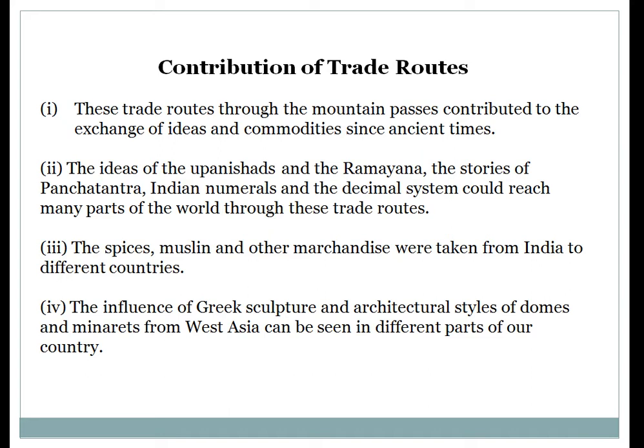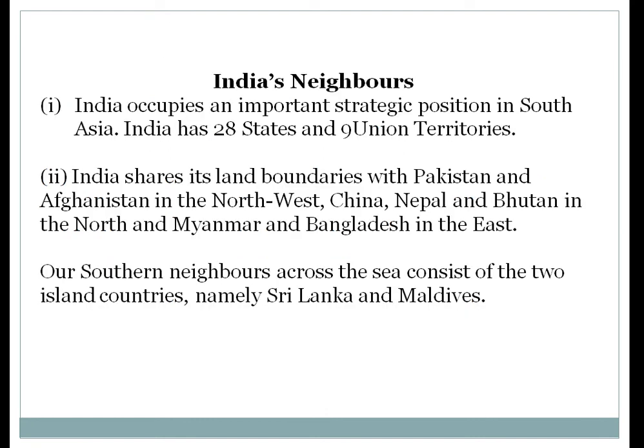Next, spices, muslin and other merchandise were taken from India. The influence of Greek culture and the architectural styles of domes we can see in many parts of India. Moving further to see India's neighboring countries.